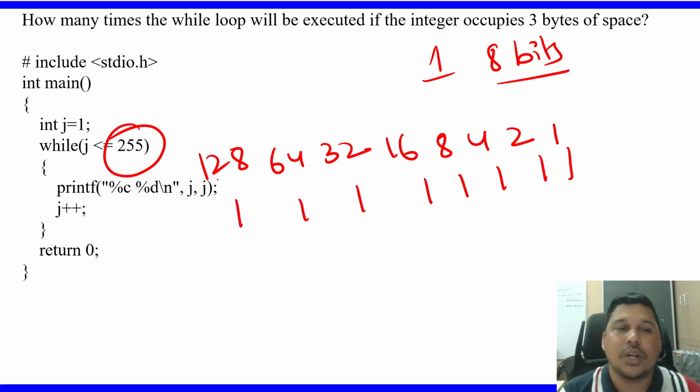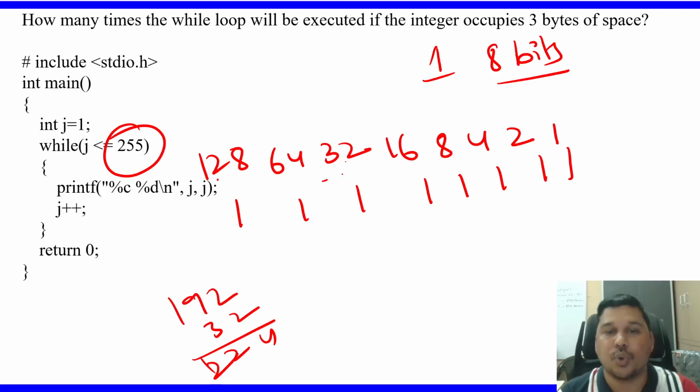What is this sum? 128 plus 64 is 192. 192 plus 32 is 224. 224 plus 16, 240. 240 plus 8, 248, plus 4, 252, and so on up to 255.